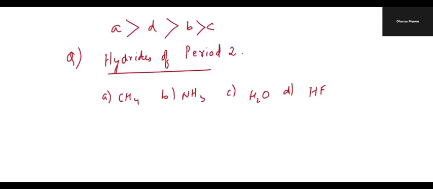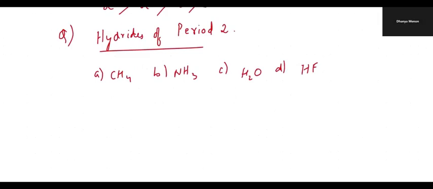Coming to one more question, comparing the hydrides of period 2, which is more acidic. If we have methane, if it loses one H plus, it becomes CH3 minus. If ammonia loses one, it becomes NH2 minus. If water loses one H plus ion, it becomes OH minus.